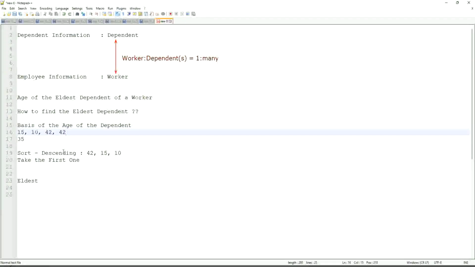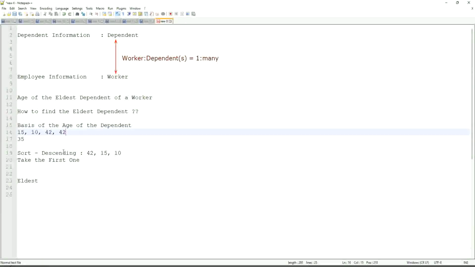Let's say if it is the same age, you are only looking for a spouse, not the child, maybe? Spouse and child most likely are not going to be the same age. Right. But yeah, if there are multiple dependents, maybe you give a higher priority to the spouse. So in that case you have to think of another factor to act as a tiebreaker.